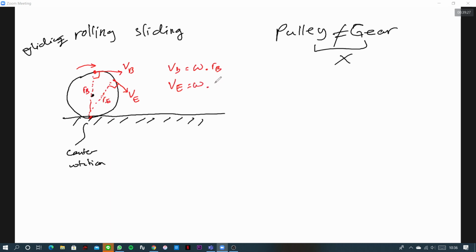Times omega. Remember last week I told you omega for all points in the body is the same value. So here we still have the same omega, but with different lengths, times RE.